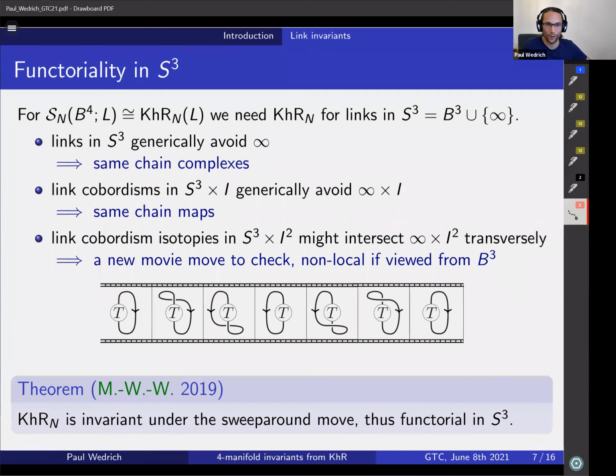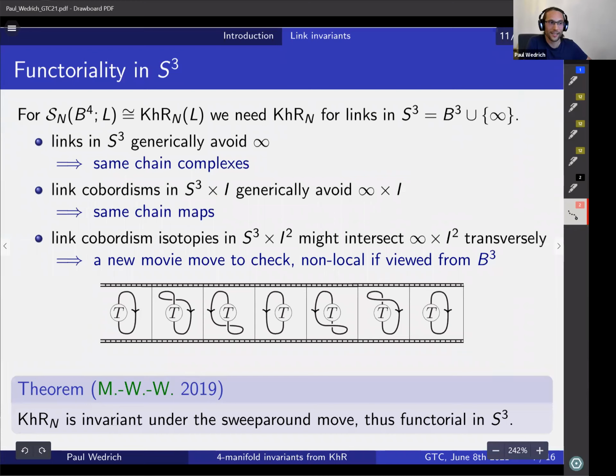Next, we have to associate something to link cobordisms. Now, a link cobordism in the 3-sphere times interval, this is the time interval here, generically avoids the fiber over the point at infinity. A link cobordism is just a 2-manifold in this 4-manifold. The fiber over the point at infinity is just an interval, just an embedded 1-manifold, and generically they will be disjoint. And I might, again, restrict myself to the case where they are disjoint and then treat this as in the 3-ball case.